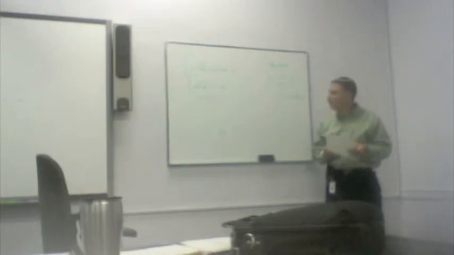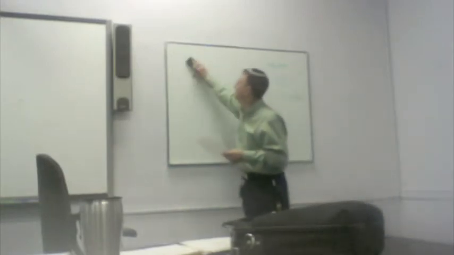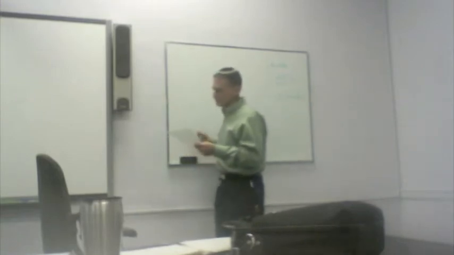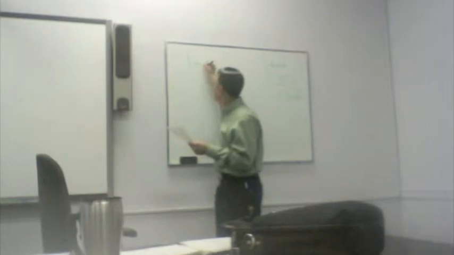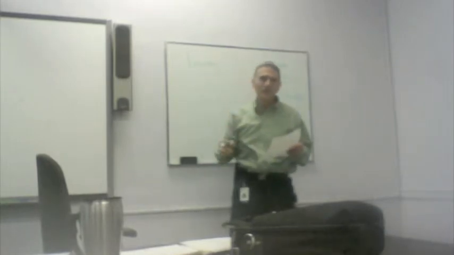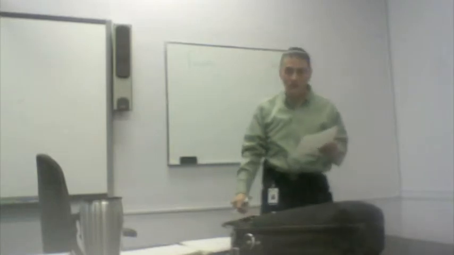So I want to present something right here that's new. The integral of secant x dx. This is going to be one of those things I'm going to ask you to memorize.